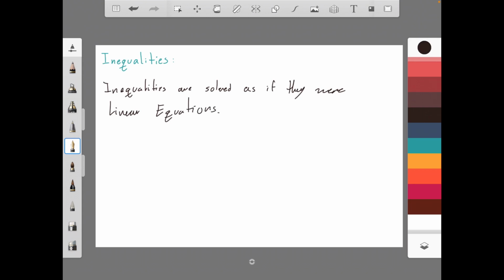That's the very first thing you need to understand about inequalities: they are solved exactly as linear equations, right? However, there are some exceptions to this rule that I'm going to cover with the second exercise.